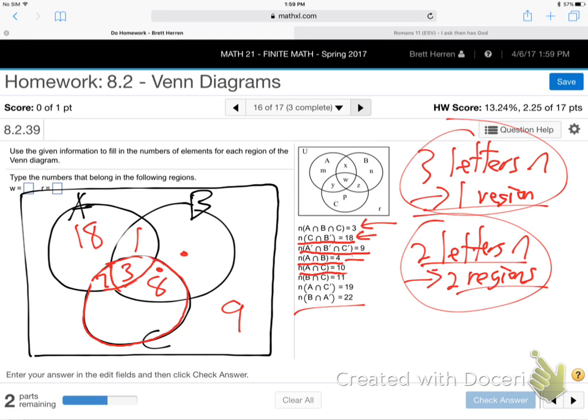Those are both B outside of circle A, aren't they? So they must total 22. B outside circle A, 22. So what is 22 minus 8? Well, 14? 14 on that. 14, we good there?